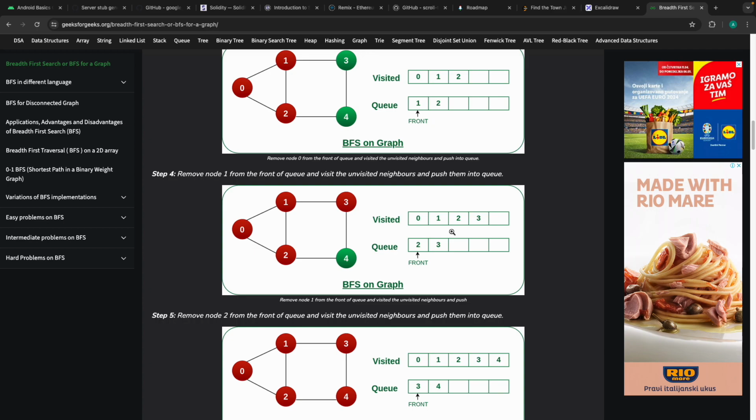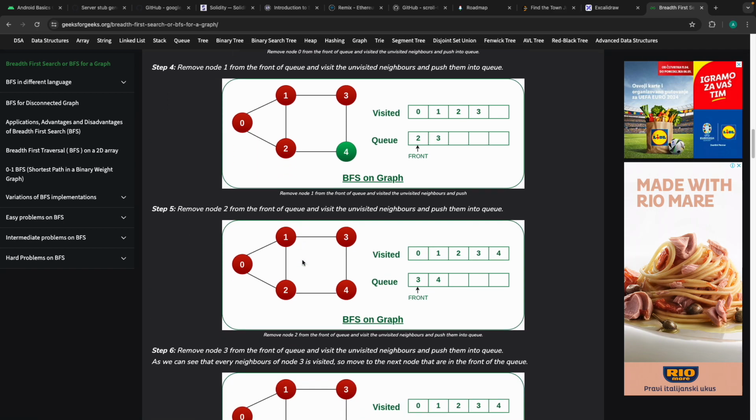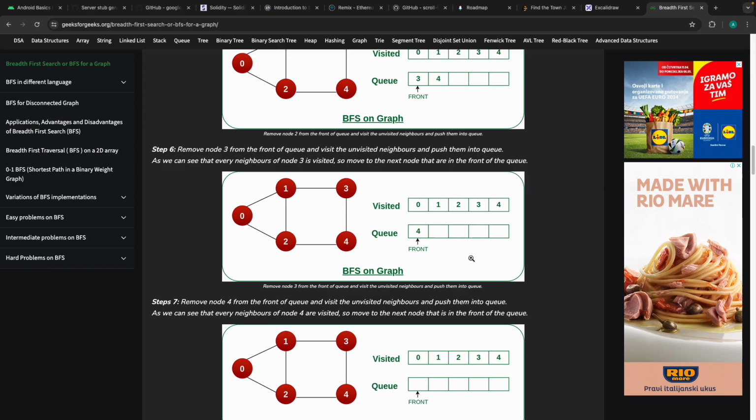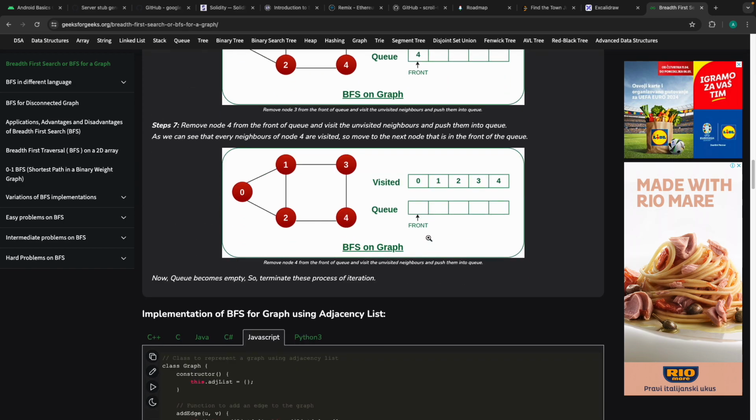Then we visit the 2, we push the 4 to queue and visited. Then we visit 3, we mark 4 as visited and try to push it to queue. And that's how we visit all the nodes.